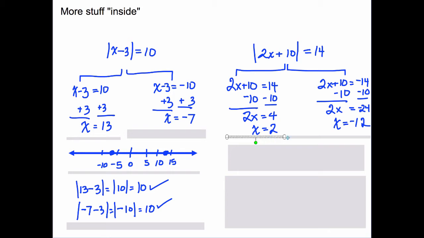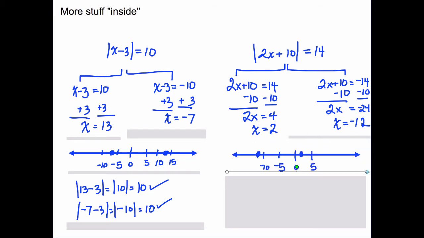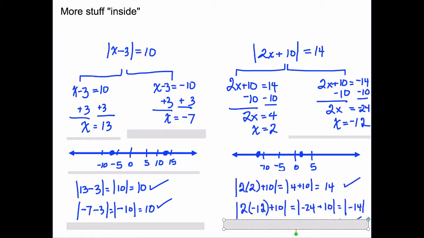Now, the next thing to do is to graph the solution, and this is what the graph should look like. This should be a point at -12 and a point at 2. All right, so that's what we have. And down here, we check the solutions.